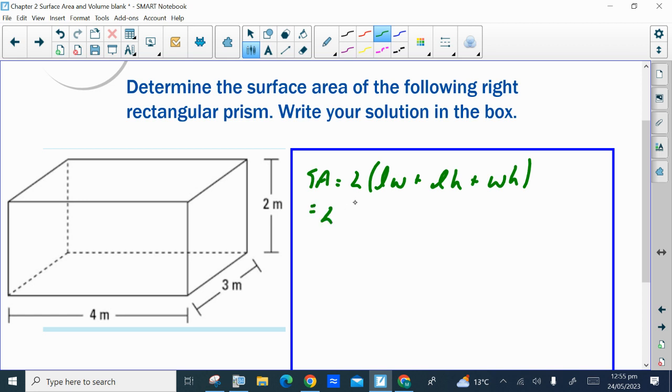So it'll be 2 times length times width. If we say that L the length is 4, W the width is 3, H the height is 2, length times width will be 4 meters times 3 meters, plus length times height would be 4 meters by 2 meters. Width times height, 3 meters by 2 meters.